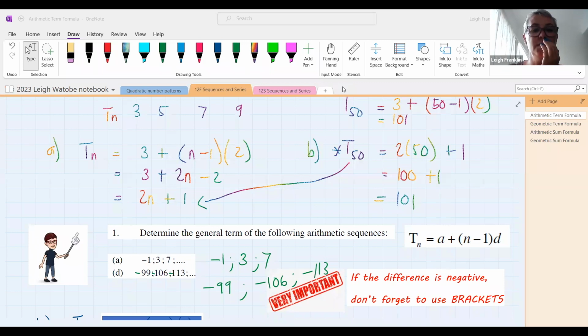Nolwazi says 10 minus 5, so you forgot the negative. Lilita says minus 7n minus 92.